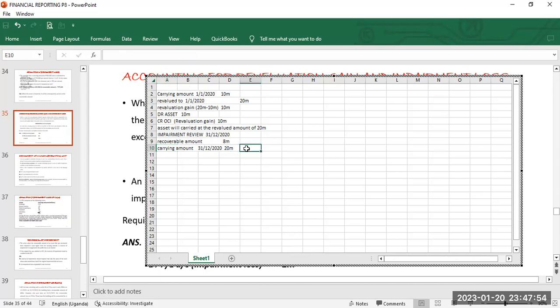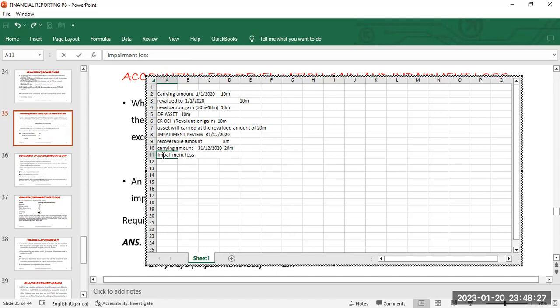Because we didn't have any depreciation, which would have reduced this carrying amount of 20 million. But if we had depreciation, we'd deduct it from here. But since we never had, it means we compare this and that to get our impairment loss.